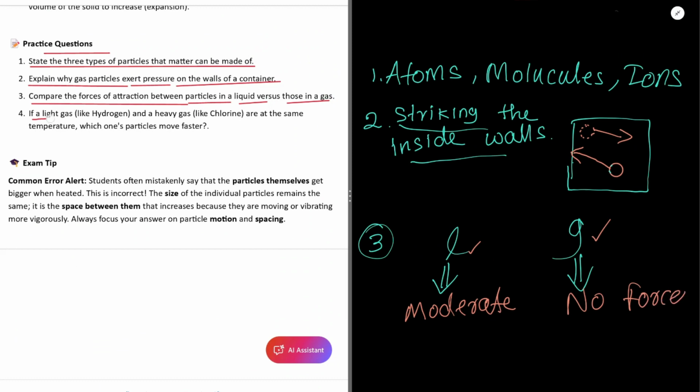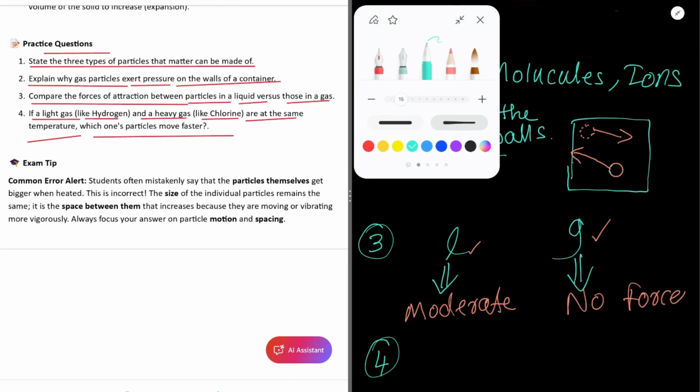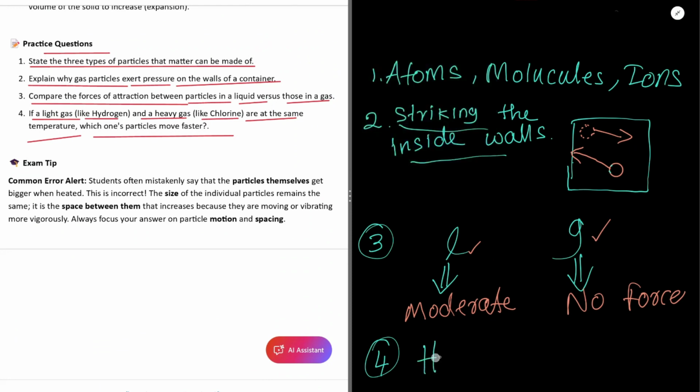Next question is, if a light gas like hydrogen and a heavy gas like chlorine are at the same temperature, which one's particles move faster? Since hydrogen is lighter like the soccer ball, it moves faster. So it's hydrogen.